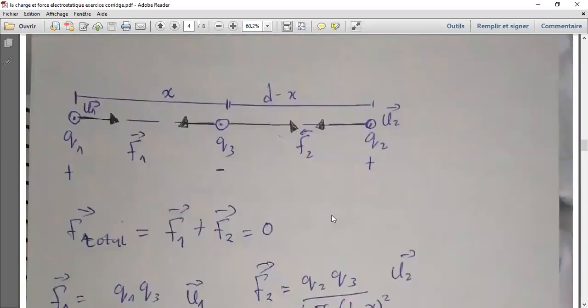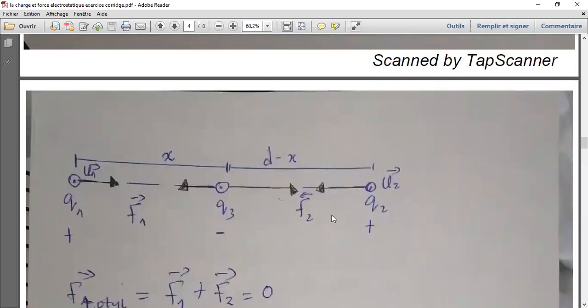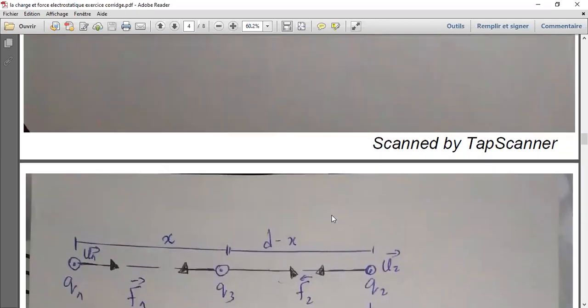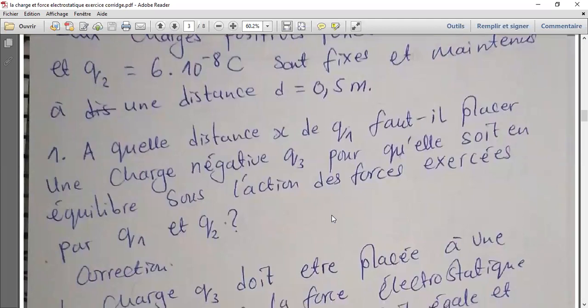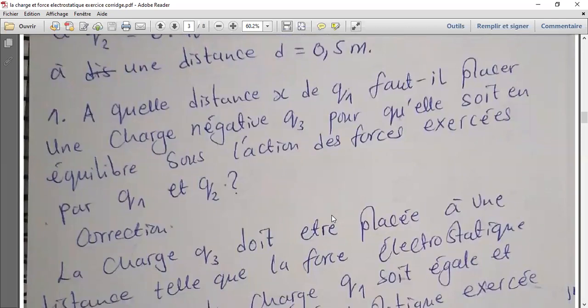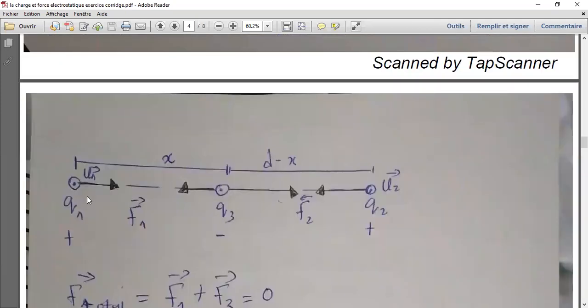Your question is saying: à quelle distance x de Q1 faut-il placer une charge négative Q3? So at which distance x from Q1 should I place Q3?